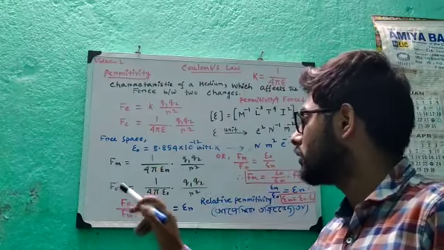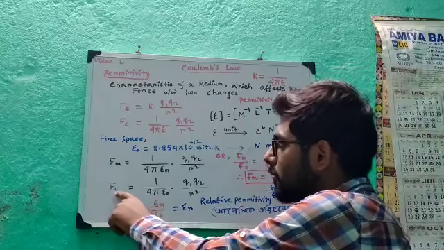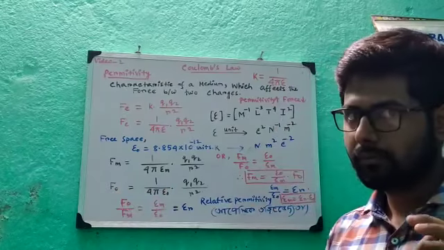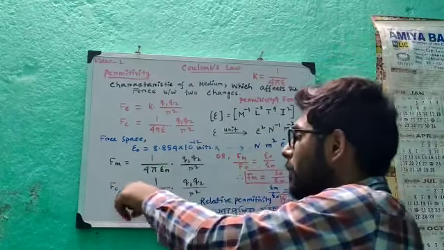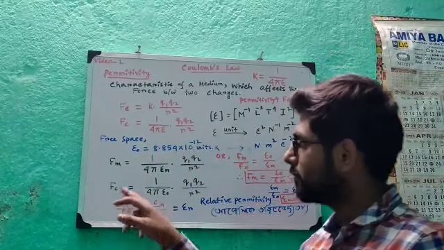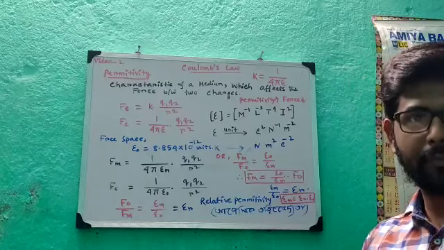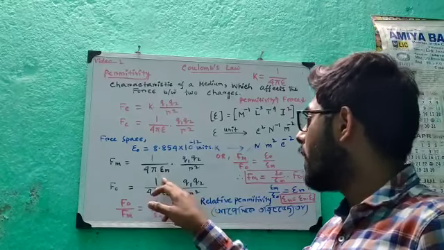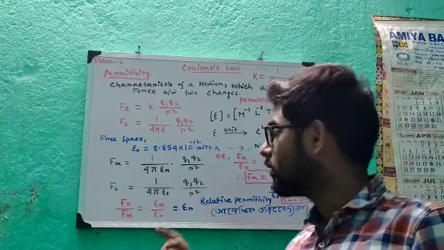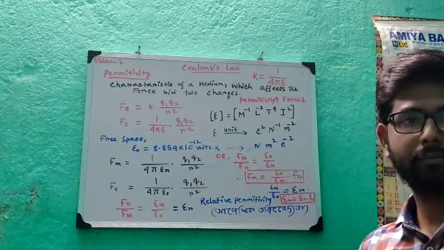And F naught, this naught means free space. We will represent free space as naught. F naught is the Coulomb force between two charges in free space. It is 1 by 4 pi epsilon naught Q1 Q2 by R square.